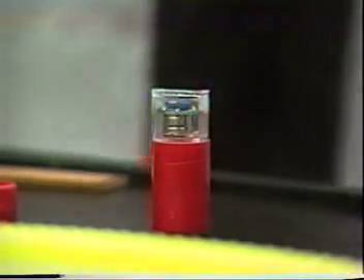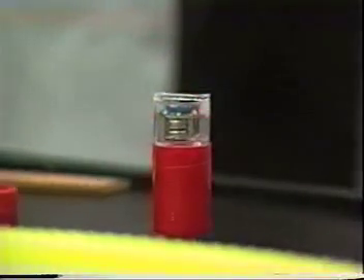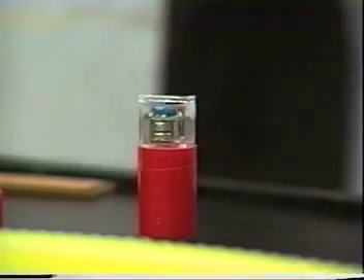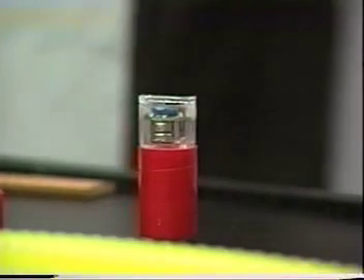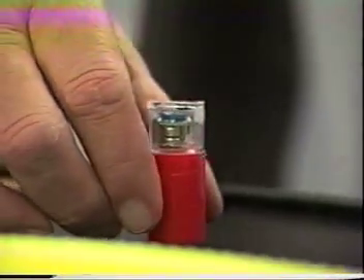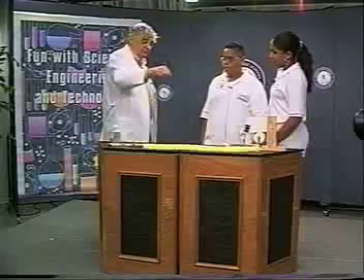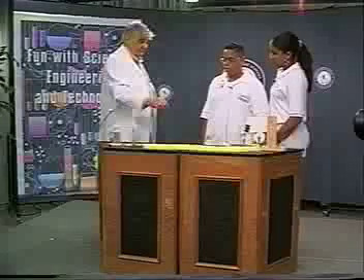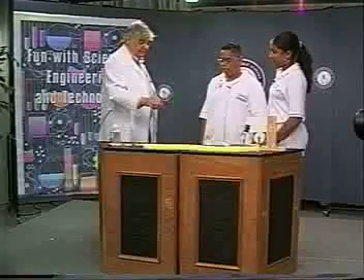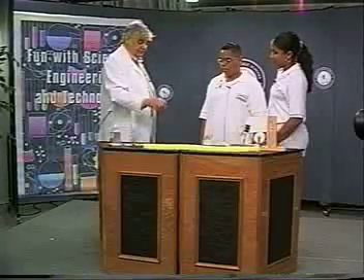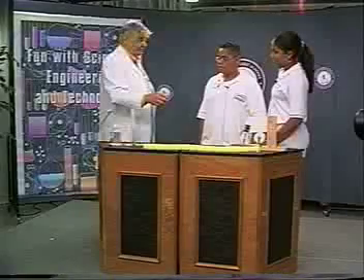The light lit up, right? And pretty soon they're going to stop. They stop. Right? So if I pick it up here like this, it didn't go on, did it? If I go like this, it didn't go on. If I go like this, it didn't go on. But if I go like that, it did.